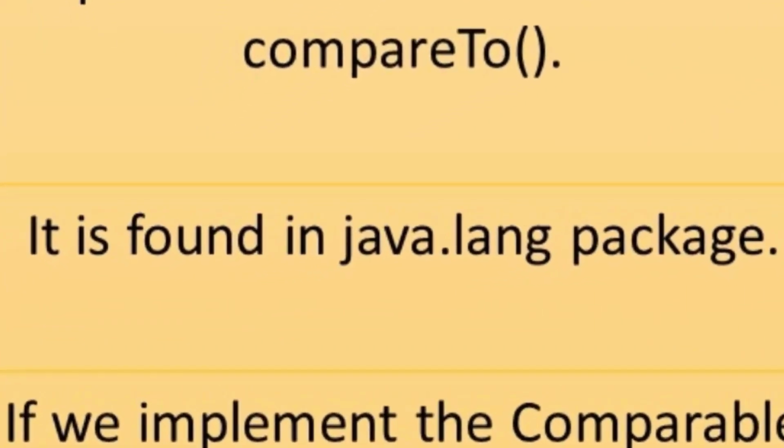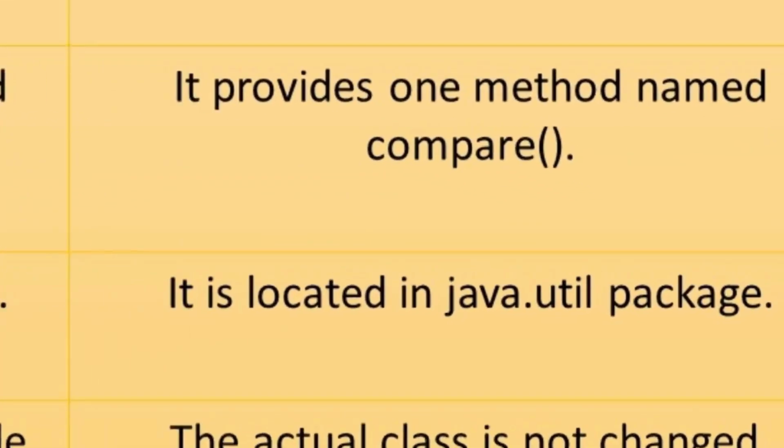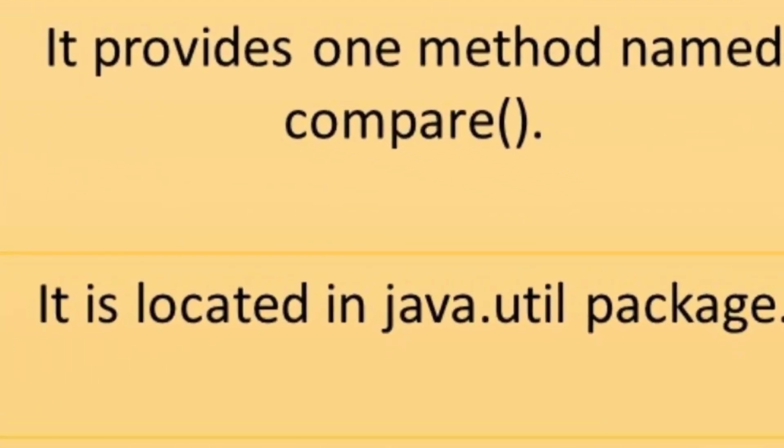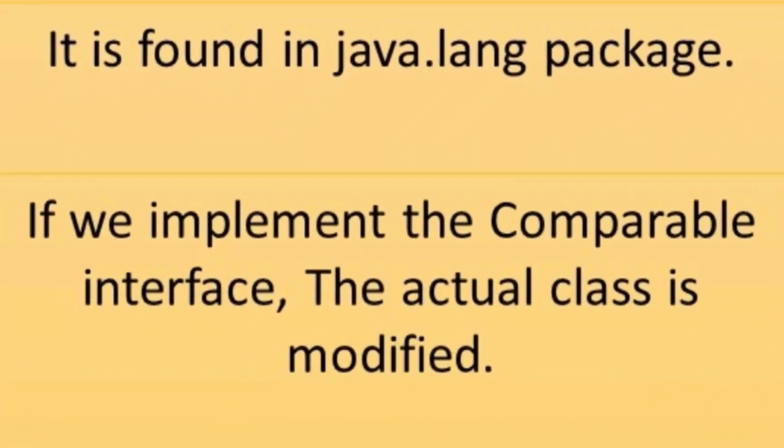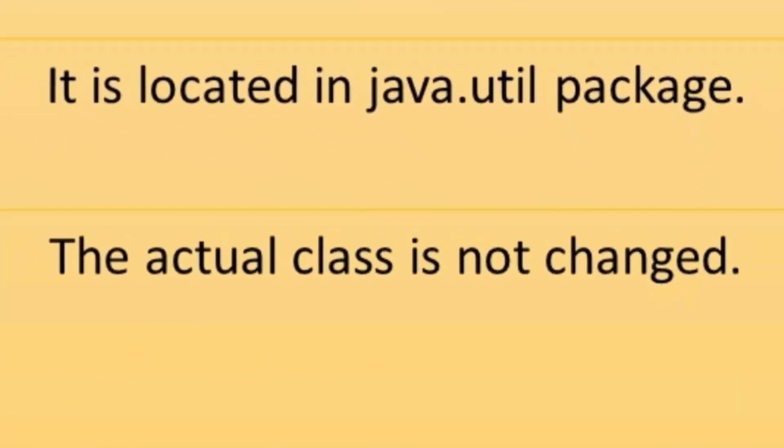Comparable: It is found in java.lang package. Comparator: It is located in java.util package. Comparable: If we implement the comparable interface, the actual class is modified. Comparator: The actual class is not changed.